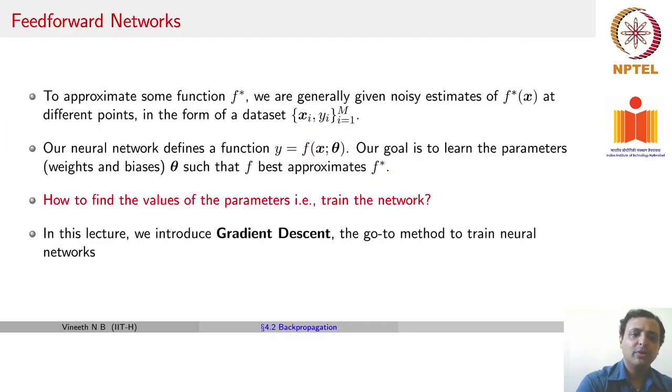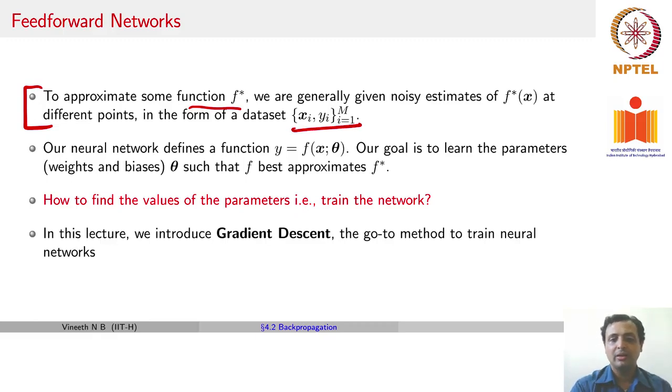So, in machine learning, we all know that we are given training data to train an algorithm. And if you consider the supervised learning settings, then you have data as well as labels provided to you in your training data. Now, to approximate some function f star, we are generally given noisy estimates of f star of x at different points in the form of a data set.